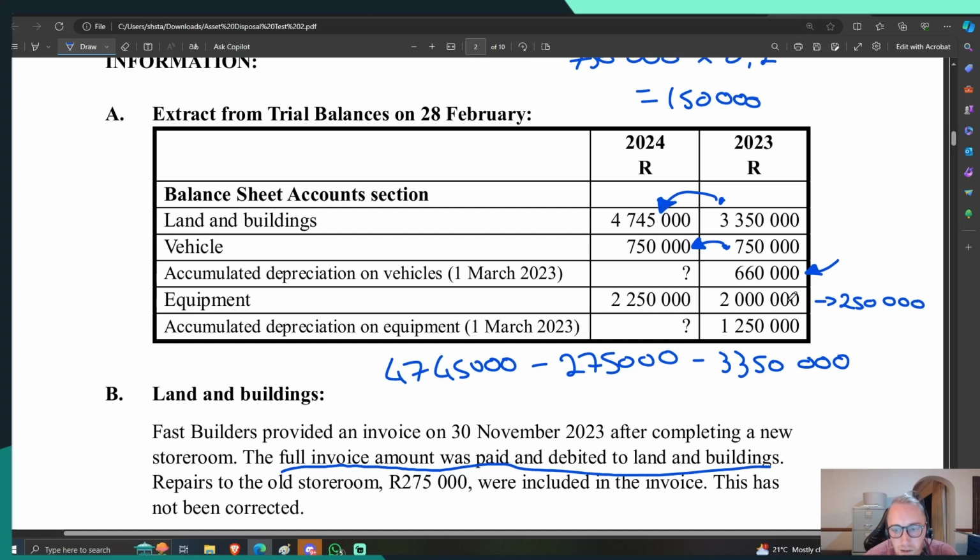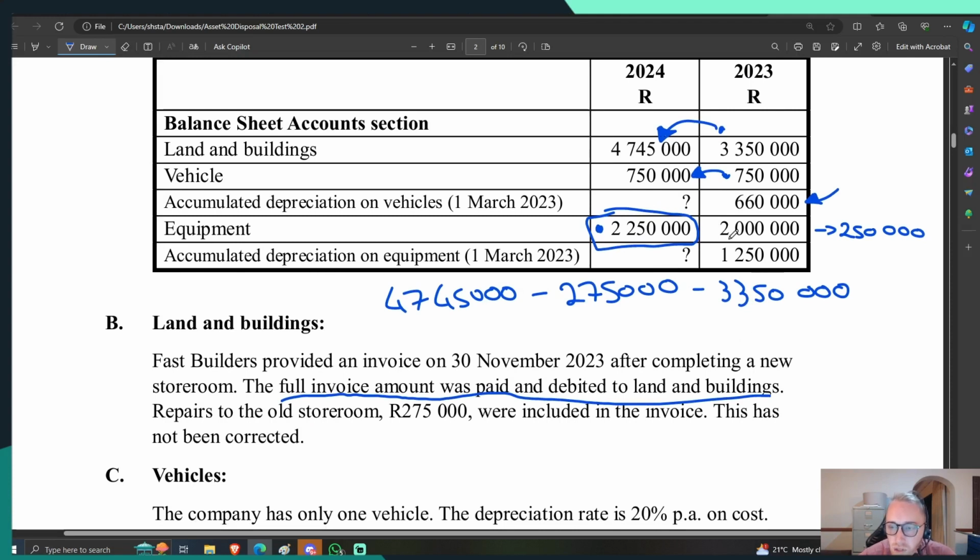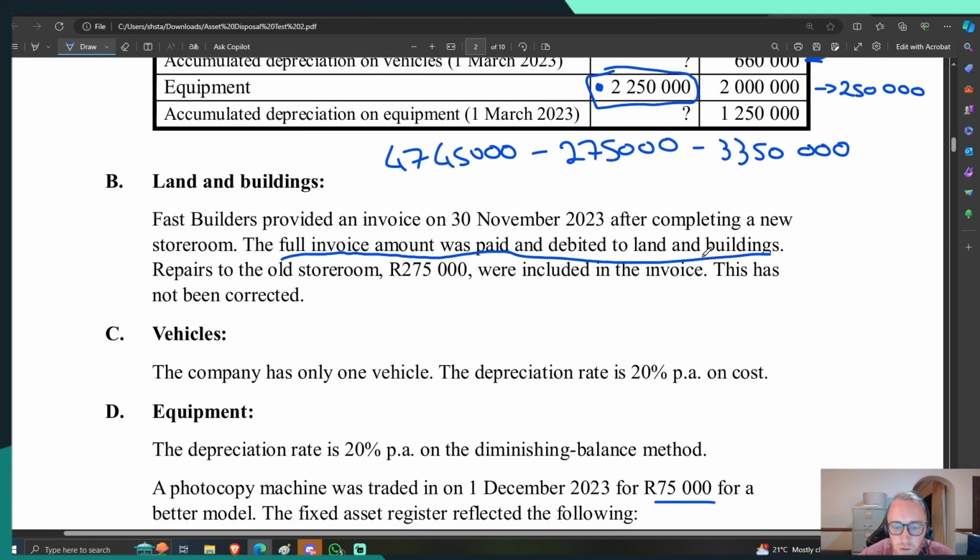So, if we look at this final figure here, we know that this end of year figure includes the disposal of that asset. That is to say that we took 2 million. In fact, I'm going to write this for you somewhere, in this little gap over here.